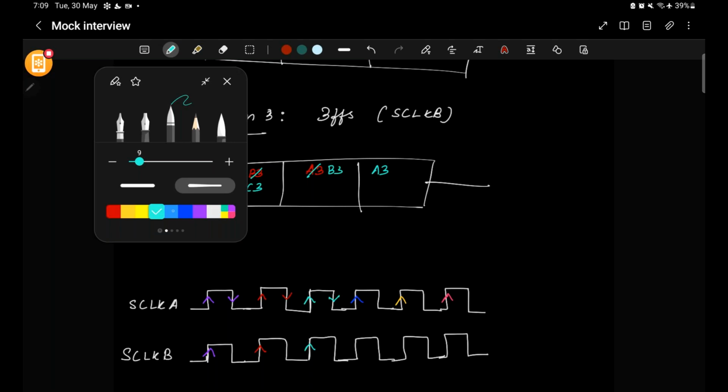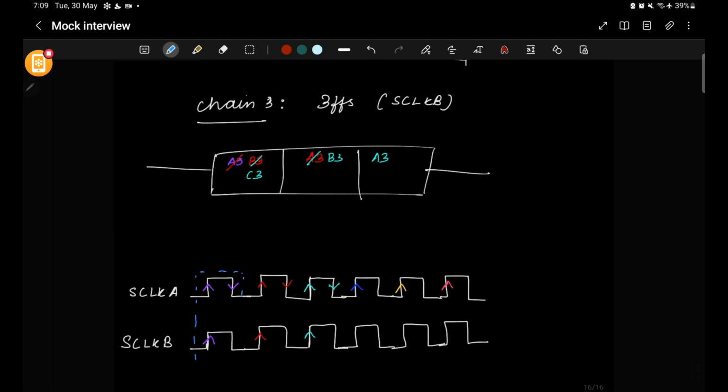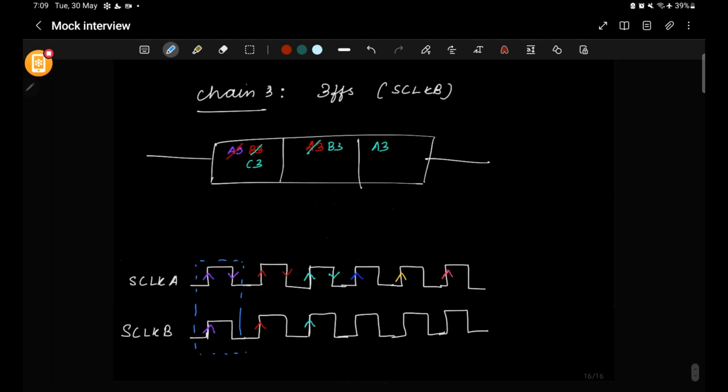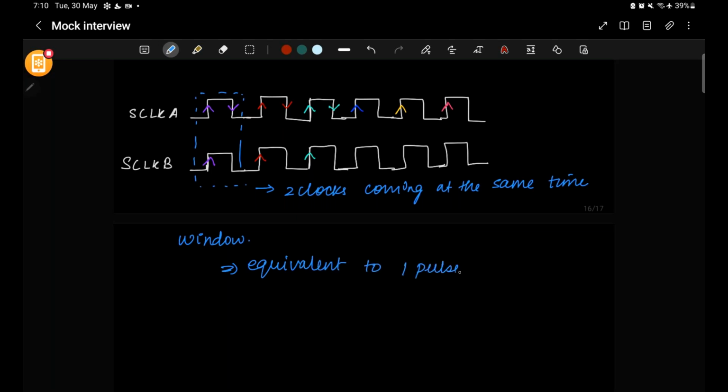So here if you just see, these are 2 clocks coming at the same time window. So this is actually equivalent to 1 pulse.